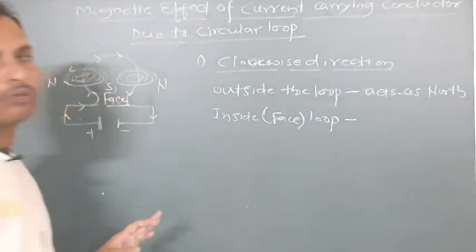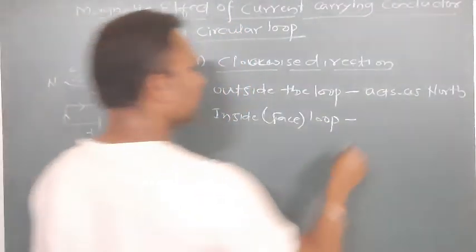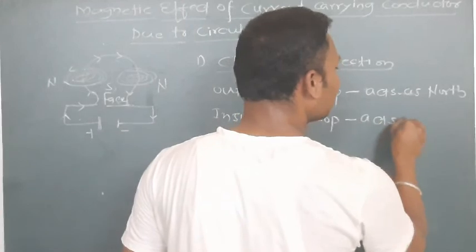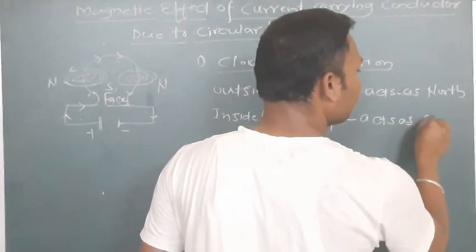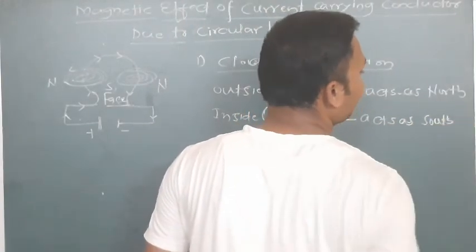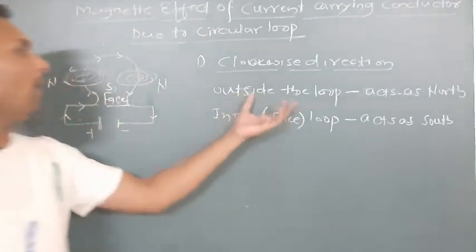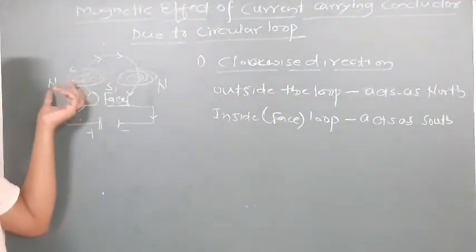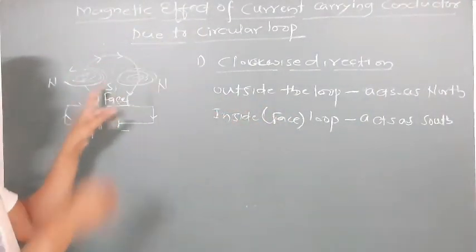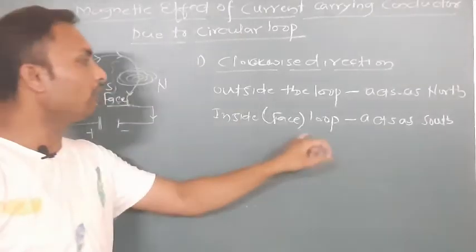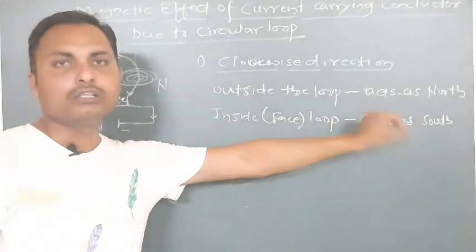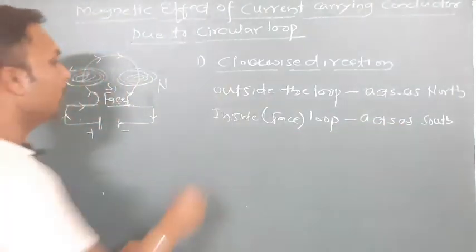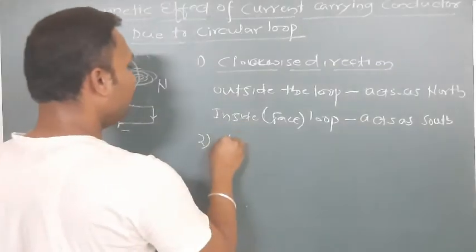It acts as a south. So outside the loop it acts as a north pole, and inside the loop, the face, it acts as a south pole. Now in the second case, the anti-clockwise direction.